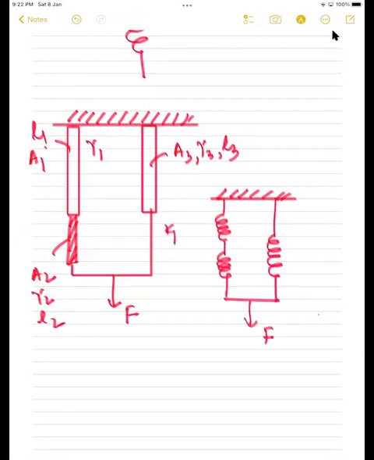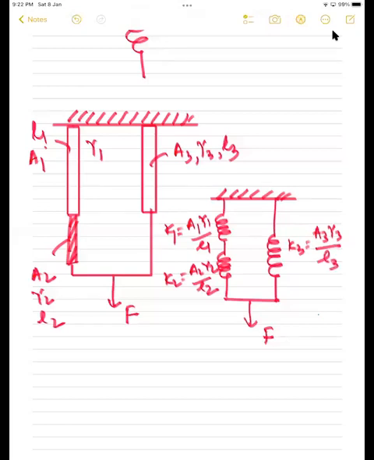What is K1 here? It is A1 Y1 by L1. K2 is A2 Y2 by L2. K3 is A3 Y3 by L3. By combining the two in series using the formula K1 into K2 by K1 plus K2, you get the series connection, and both are connected in parallel.